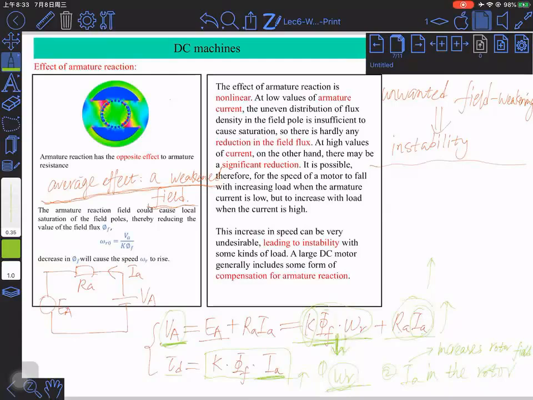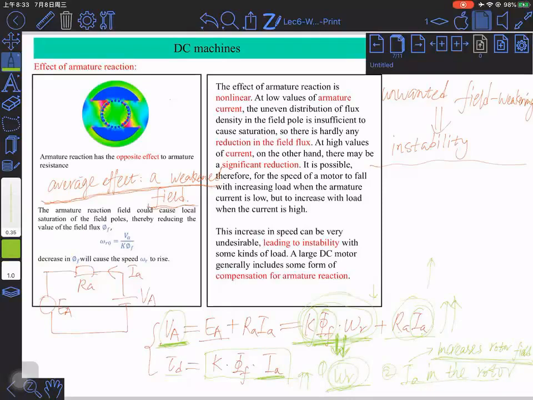If we have a further decreased flux, we have a repeating process like this. We further reduce the flux, we further reduce this term, right? If we further reduce it, then with a constant VA, IA will be further increased. If IA is further increased, it has two consequences: further increasing the speed and further increasing the rotor field.